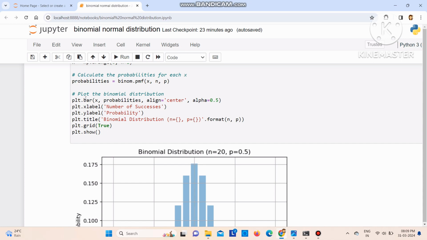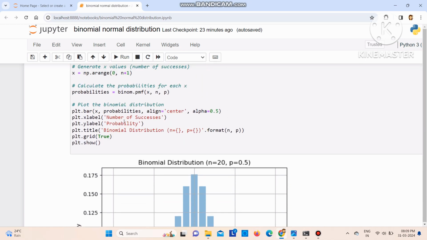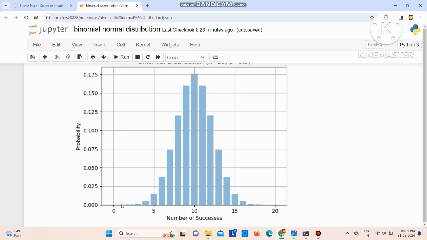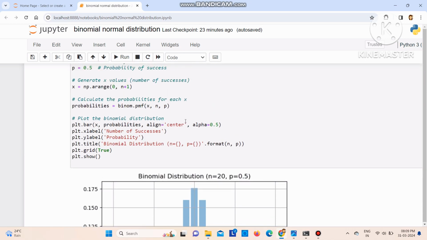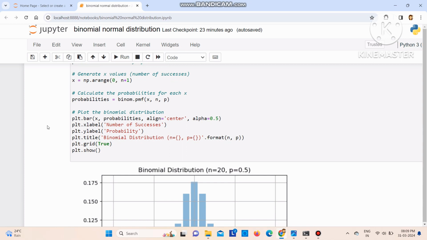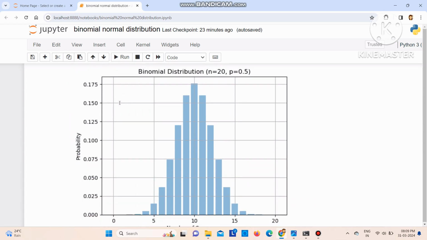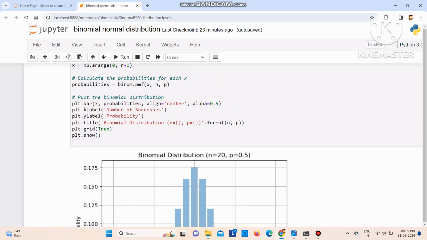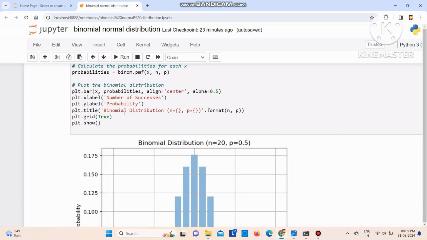So plt.bar of x, that is from 0 to 20, and probabilities. So for 0 what is the probability, for 1 what is the probability, for 2, like that till 20 we are going to calculate. Align center, alpha equal to 0.5. Then we have given the labels: plt.xlabel number of successes, then plt.ylabel probability, and then the title binomial distribution.